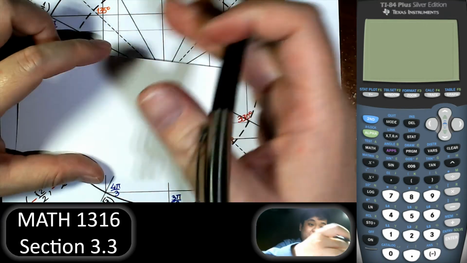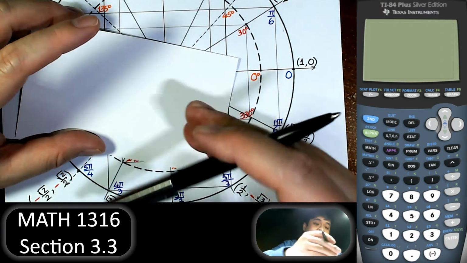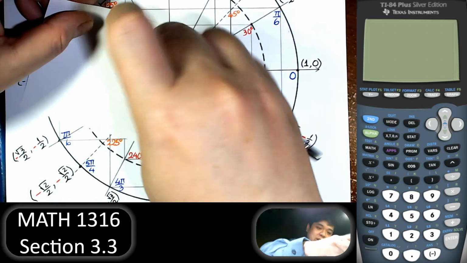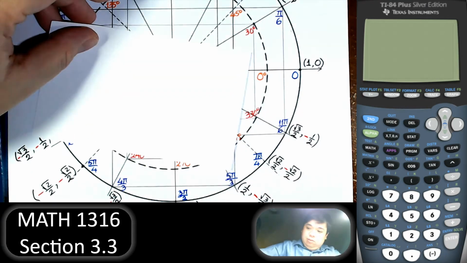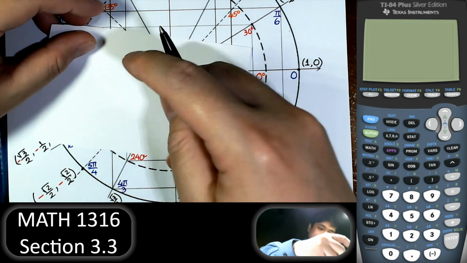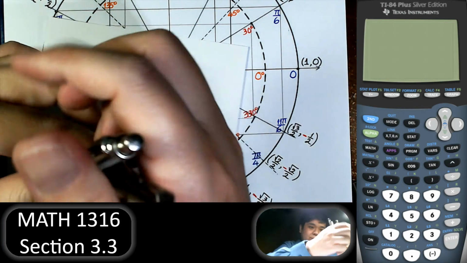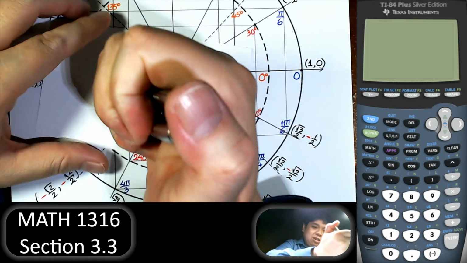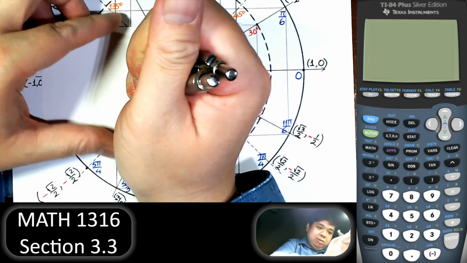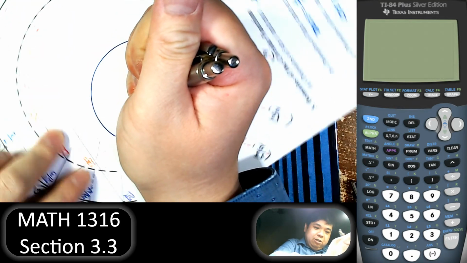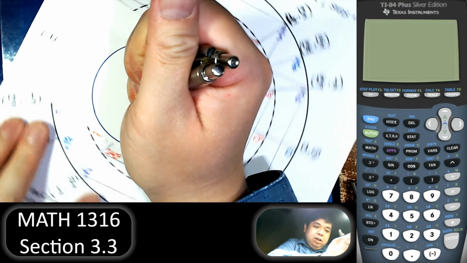Finally, the way I did the unit circle back in the day when there was no internet yet, and I didn't have the trick with the right hand. This is how I remembered. Let's just draw the circle first. Now this is another way to get the values on the unit circle.